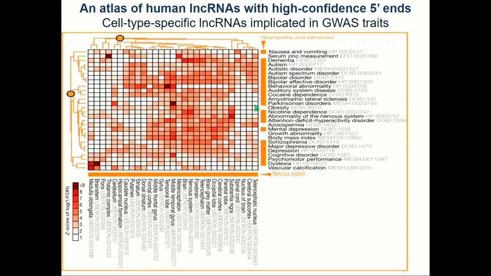So we often find that, for instance, brain is the tissue in which long non-coding RNAs are expressed and are correlated to dementia or autism and so on. So there are not only GWAS SNPs on non-coding RNAs, but we can also correlate with specific expression in specific tissues where we know that the disease takes place.